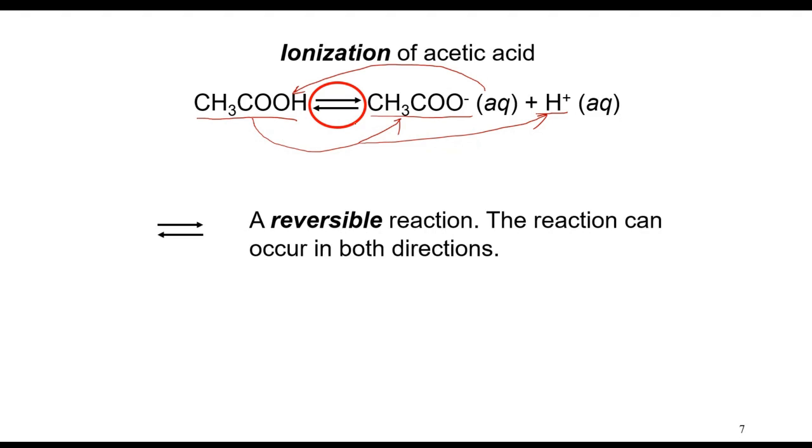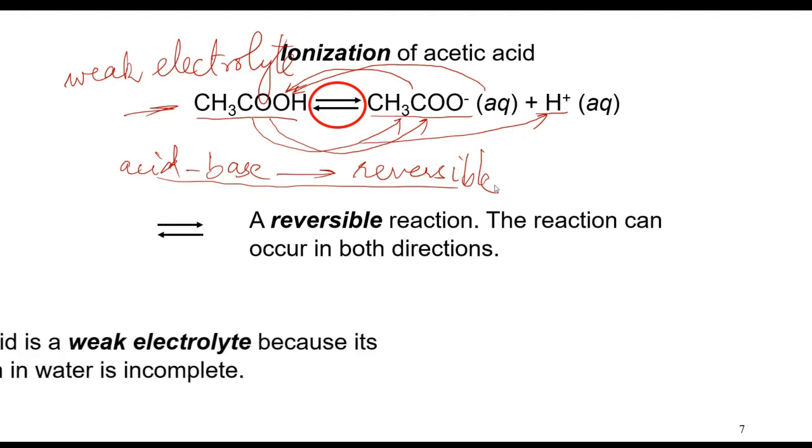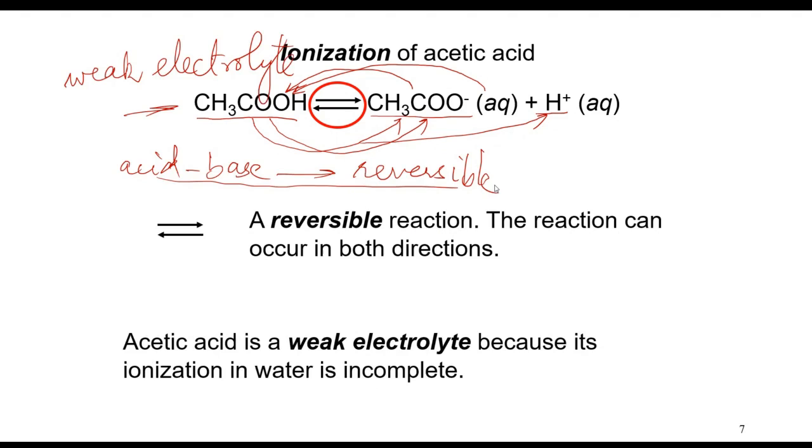First it changes from molecule to ions, and then after some time it changes from ions back to molecules. So what is a reversible reaction? A reaction which can occur in both directions is a reversible reaction. And these are weak electrolytes. Acetic acid is a weak electrolyte because its ionization in water is incomplete.